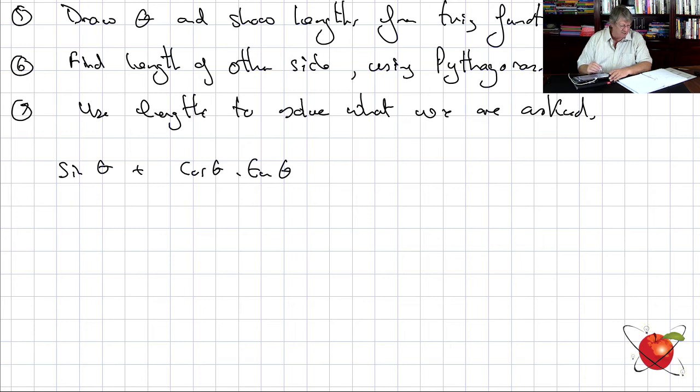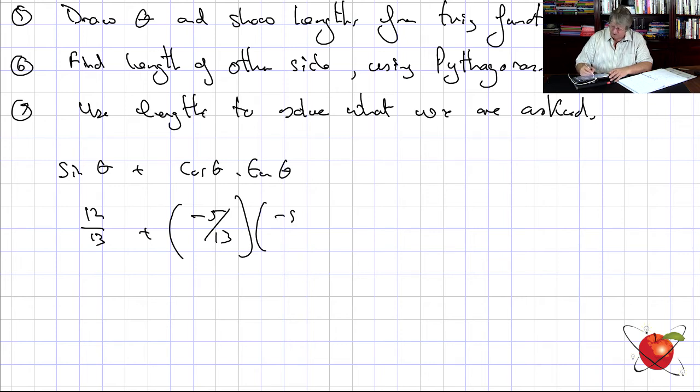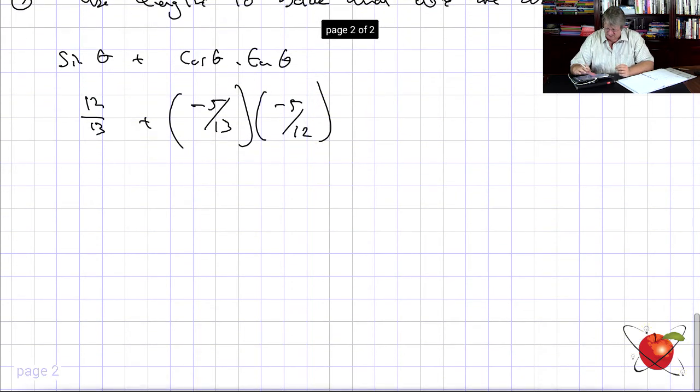Sine theta is opposite over hypotenuse, 12 over 13, plus cos theta, which is minus 5 over 13, times tan theta, minus 5 over 12. Like that, and you'd multiply those out, add and subtract, and get an answer. Most of these answers actually cancel out quite nicely, and you get quite a nice number at the end.